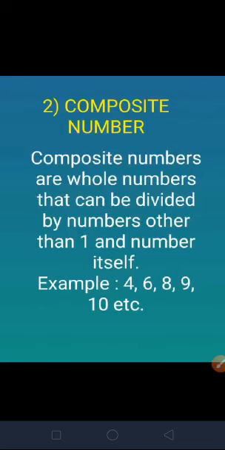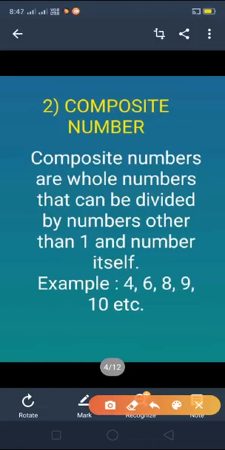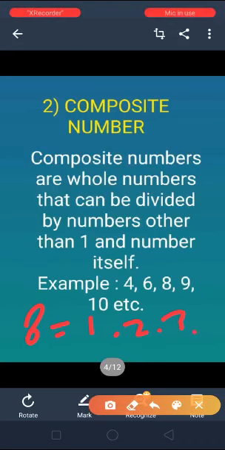If we take 8, then 8 has factors. It is divisible by 1, it is also divisible by 2, and it is divisible by 4, and it is divisible by 8.